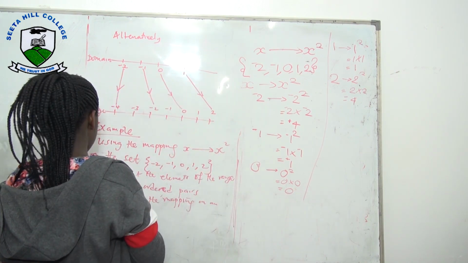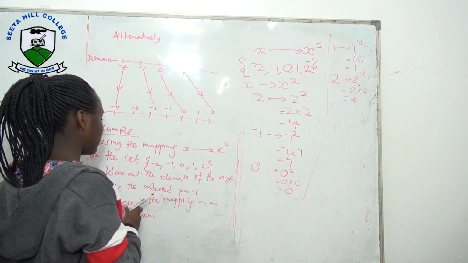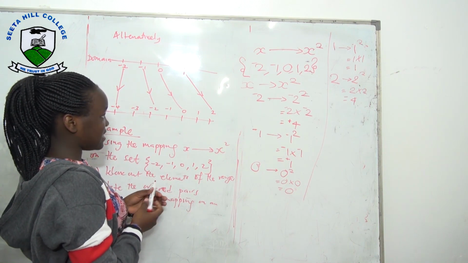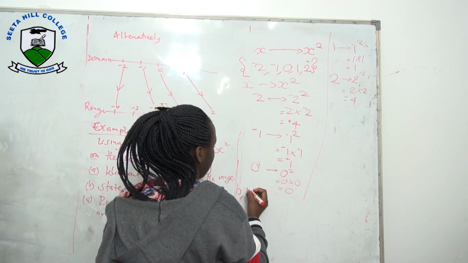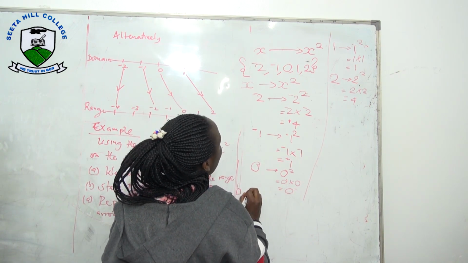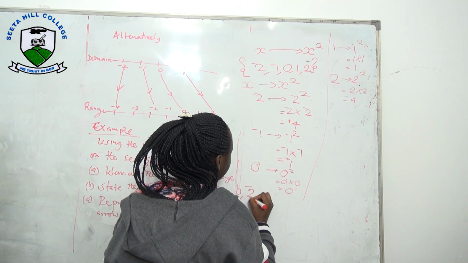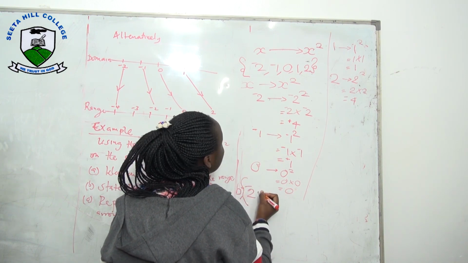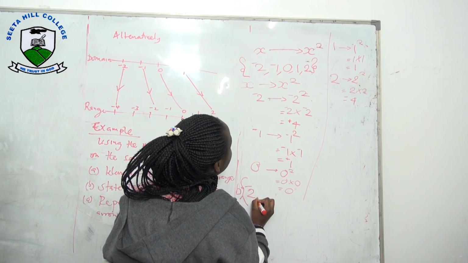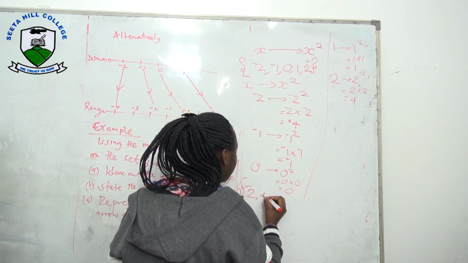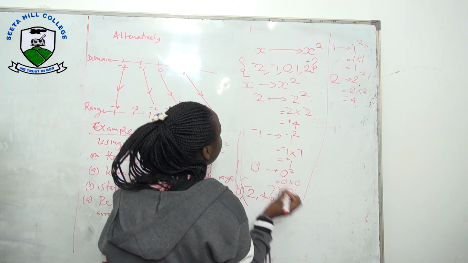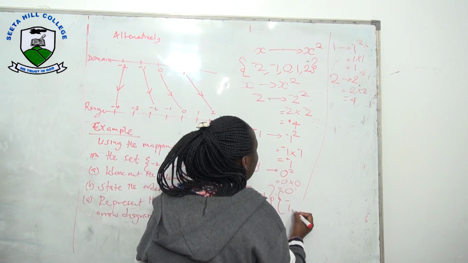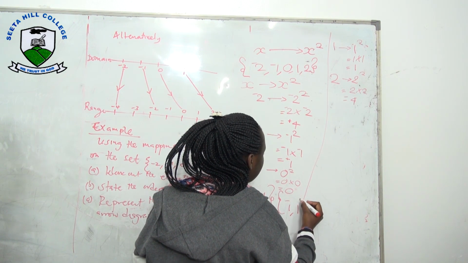Okay, then B is saying state the ordered pairs. The ordered pairs are, the first one is (-2, 4). Then the second one is (-1, 1).